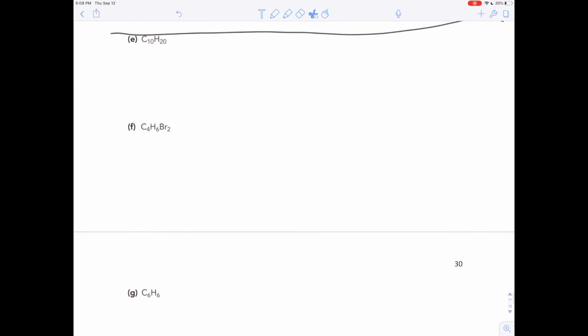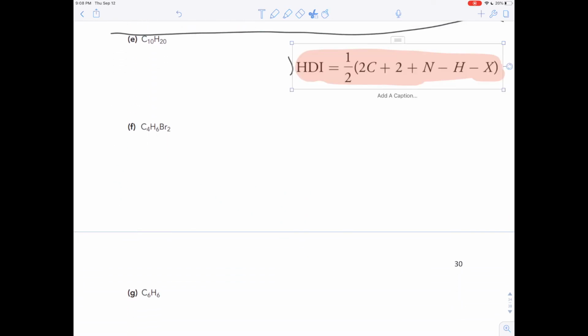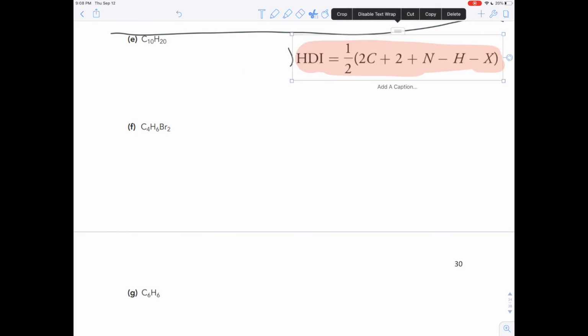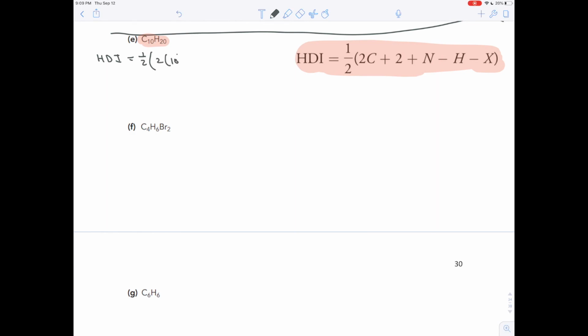Okay, so let's bring this down here, just so we have it for reference. That's our equation. So for this one, the degrees of unsaturation, or the hydrogen deficiency index, is 1/2 times 2 times the number of carbons, which here is 10, plus 2, plus the number of nitrogens, which is 0 here, minus the number of hydrogens, so 20, minus the number of halogens, which is 0.